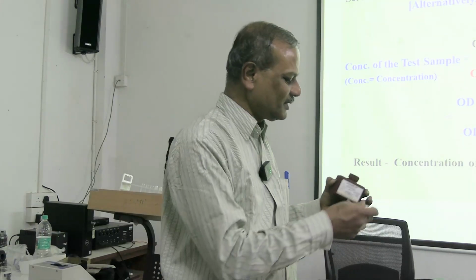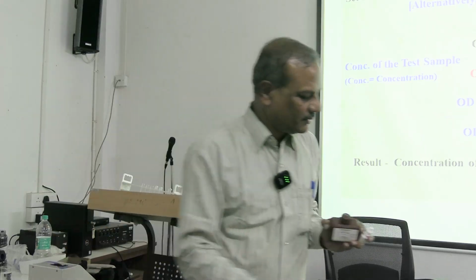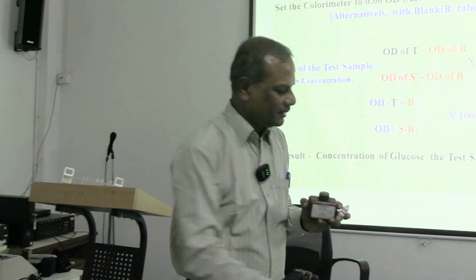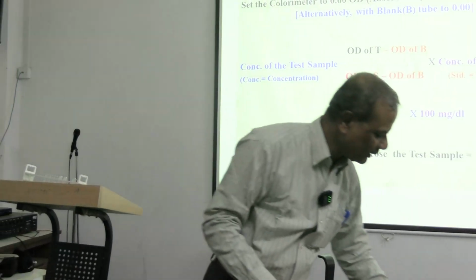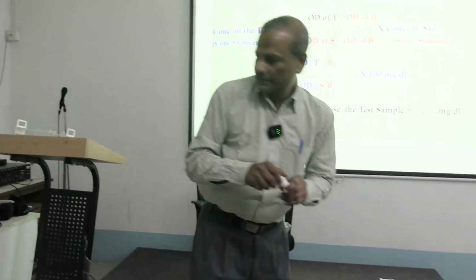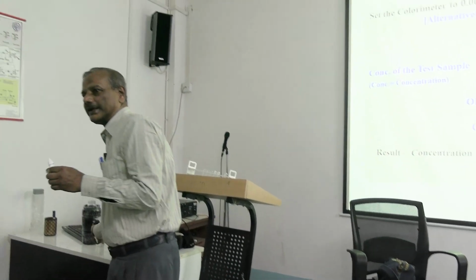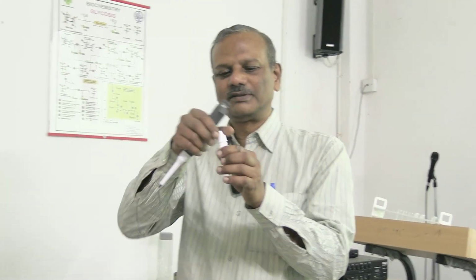Then with this large pipette, you take 10 ml and dispense it. And then this is the standard tube, 100 microliter. Where is the small one? Again, you have to be very careful. This is the standard solution. You cannot contaminate it.